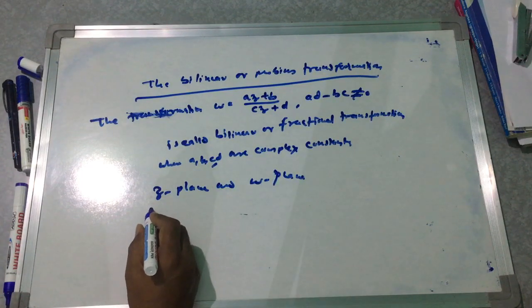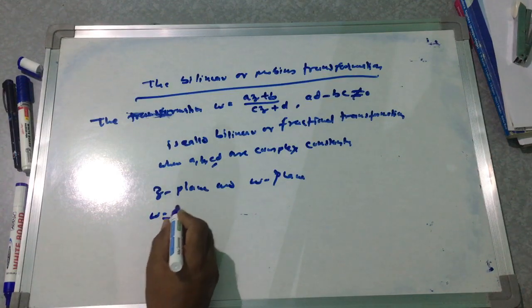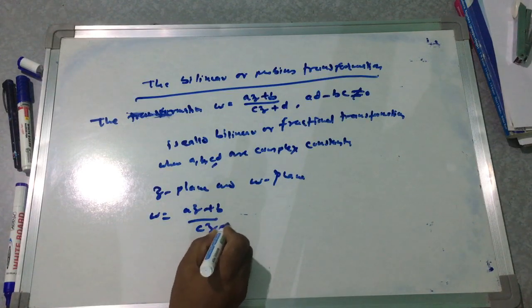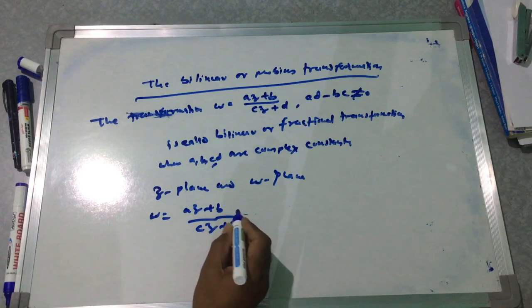So the equation used here, W is equal to (AZ plus B) upon (CZ plus D).